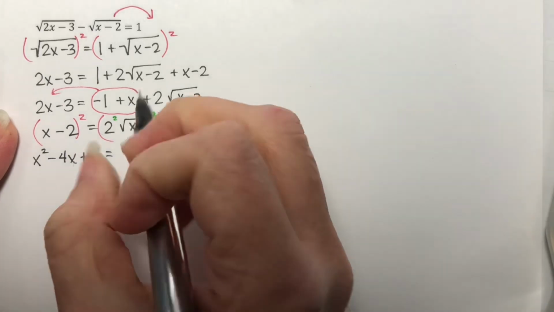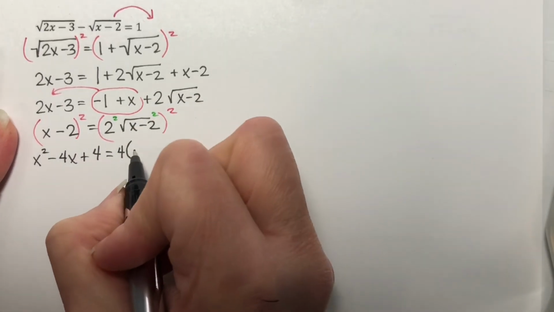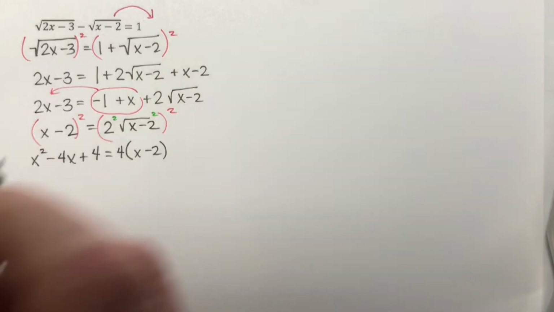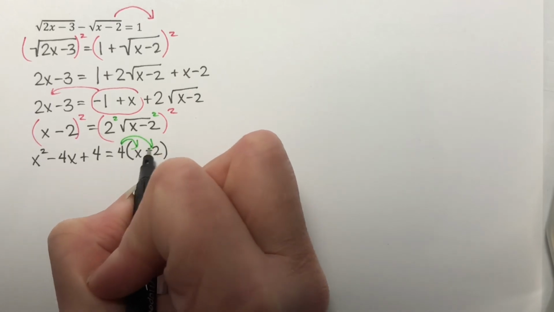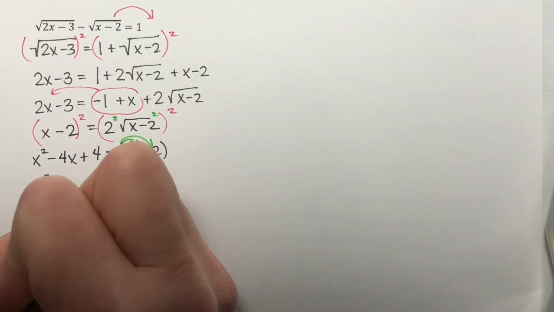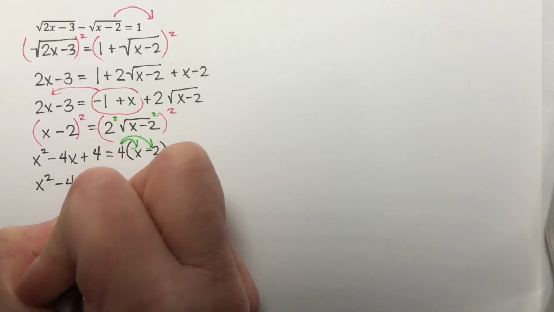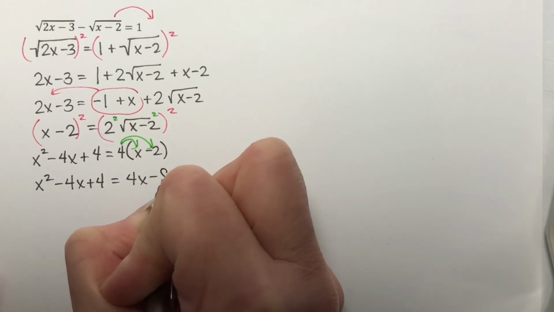Now here we square the 2, which is a 4, and I need to multiply that by the square of the square root, which is x minus 2. The most important thing here is that you cannot forget your parentheses because you do need to distribute right there. So I have x squared minus 4x plus 4 is equal to 4x minus 8.